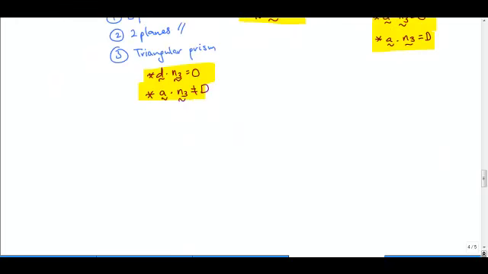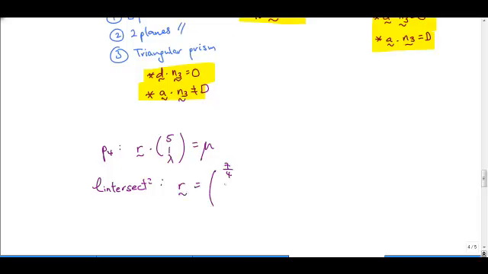So now we know that the equation of P4 in scalar product form is r · (5, 1, λ) = μ. The equation of the line of intersection is r = (7/4, 9/4, 0) + t(1, 7, 4), and this has been found in part 2.